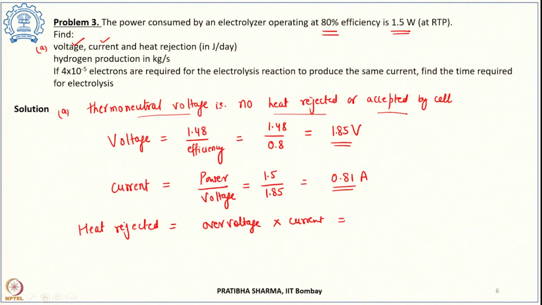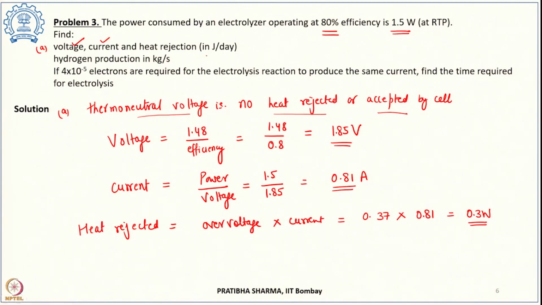So the over voltage here is the difference, and that is 0.37 volt times the current 0.81 amps, and that makes it 0.3 watt. So this much amount of heat is rejected by the electrolytic cell.